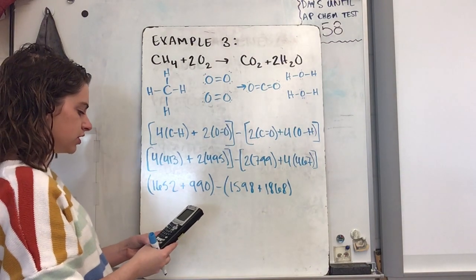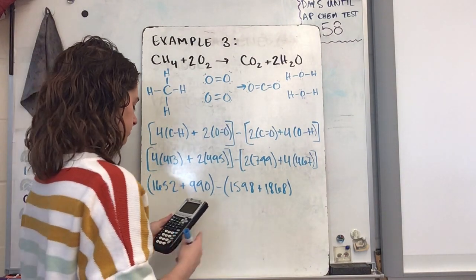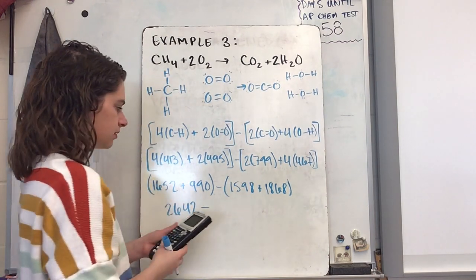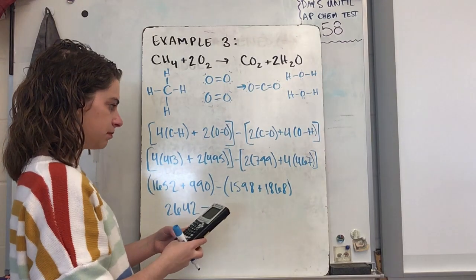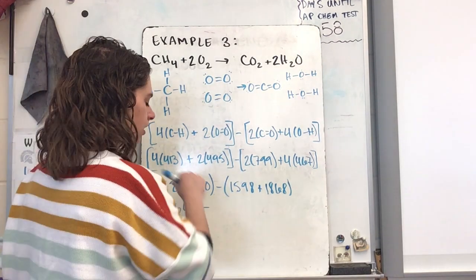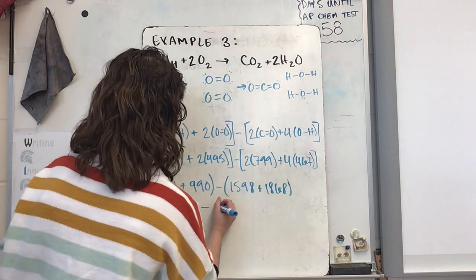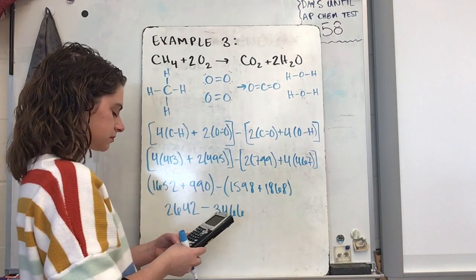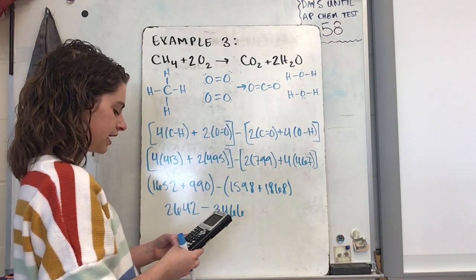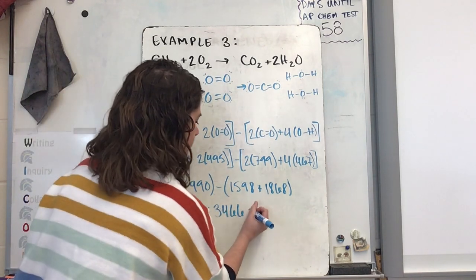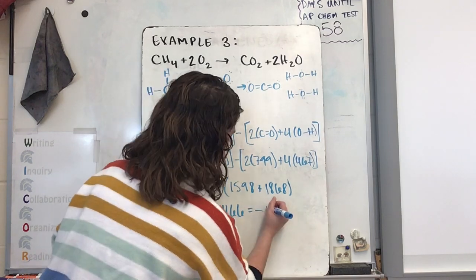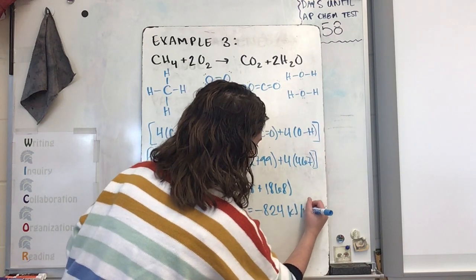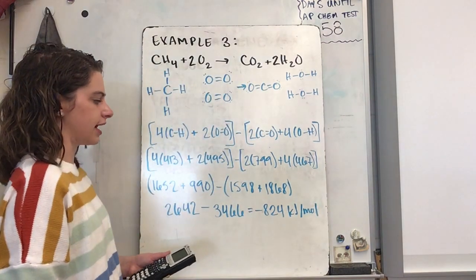Okay, 1652 plus 990 is 2642, minus my 1598 plus my 1868 is 3466. If I do 2642 minus 3466, that gives me negative 824 kilojoules per mole as my answer.